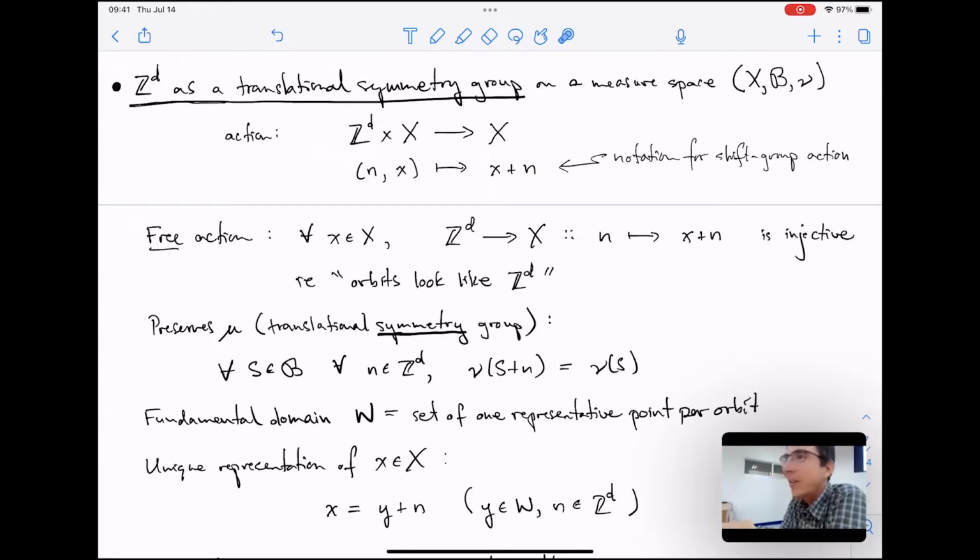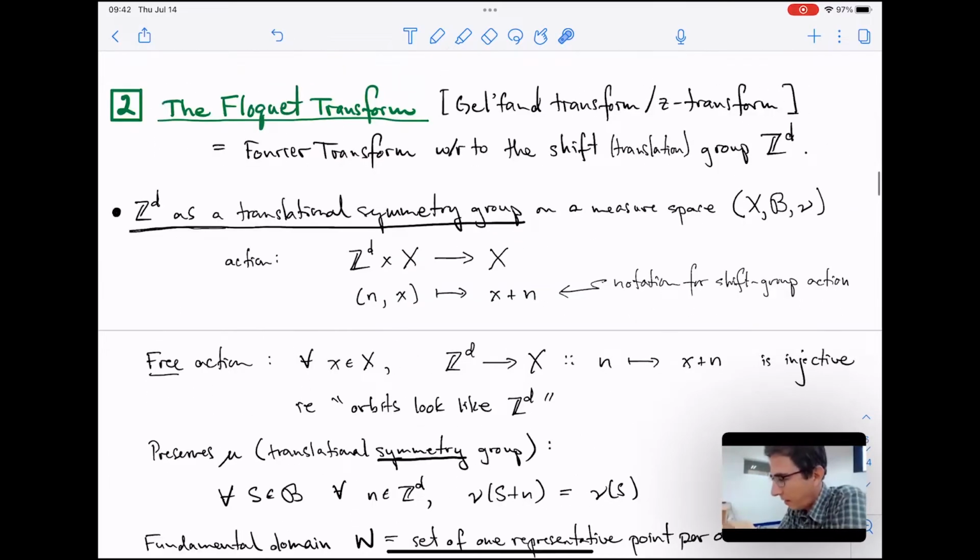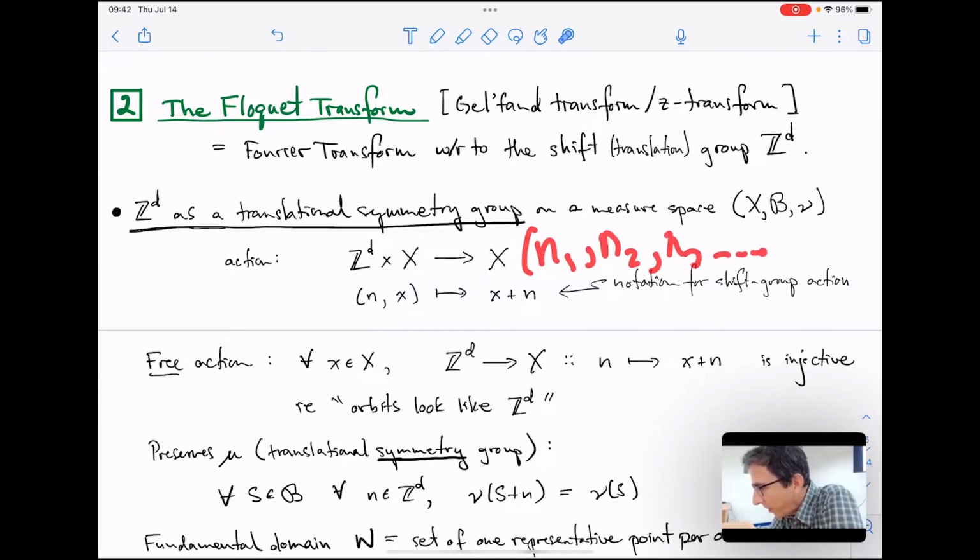It's a little confusing at first, but it looks like I'm taking a point X and I'm literally adding N to it. What this really means is I shift by whatever the shift vectors are. And you see the N here is N1, N2, N3. That's the N. So you have all these shift vectors.